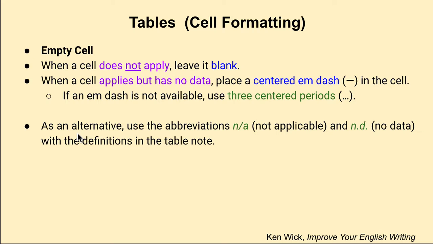An alternative is to use N/A for not applicable and ND for no data, with the definitions in the table note. Because sometimes people say this is not available, not applicable, and this could confuse readers, I say you always define the abbreviations in the table. That way it's very clear.